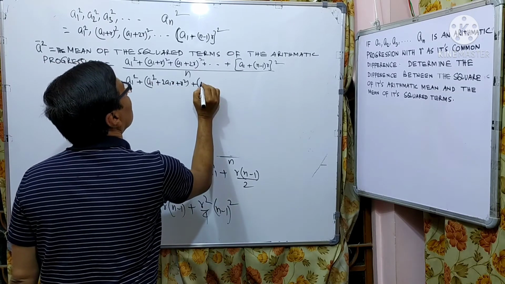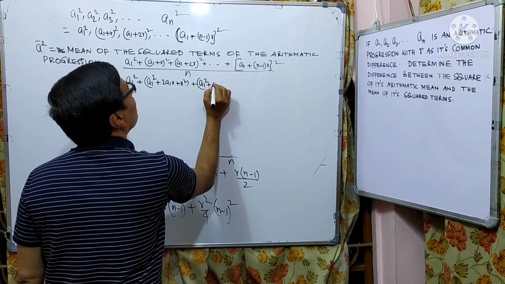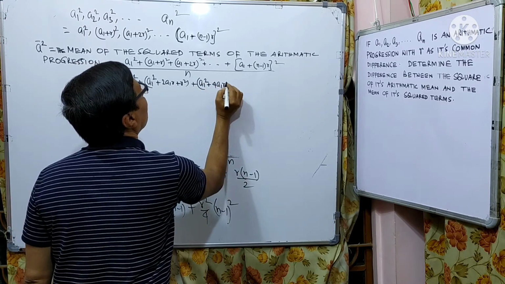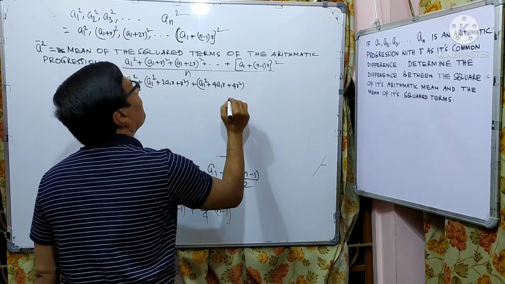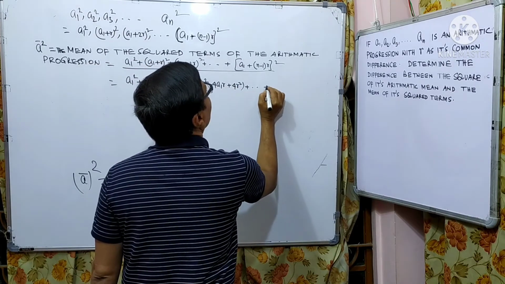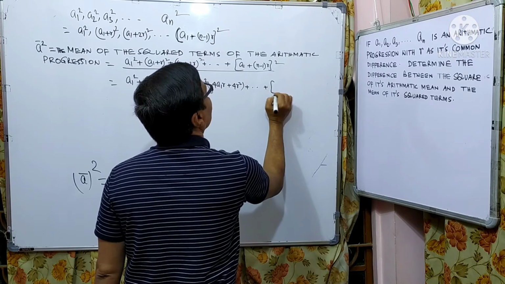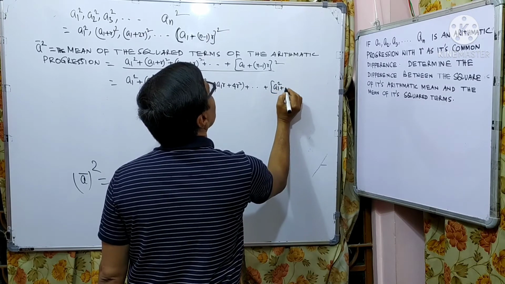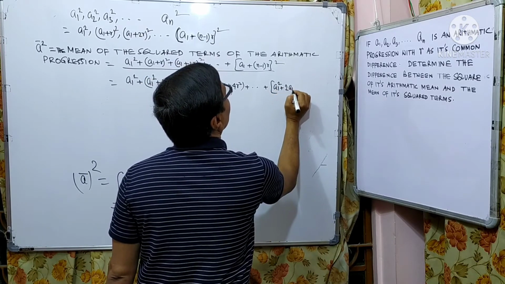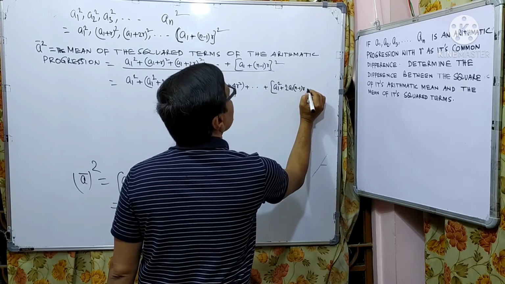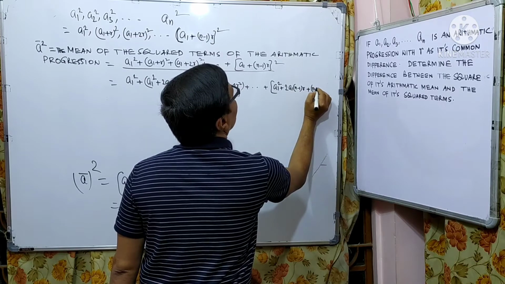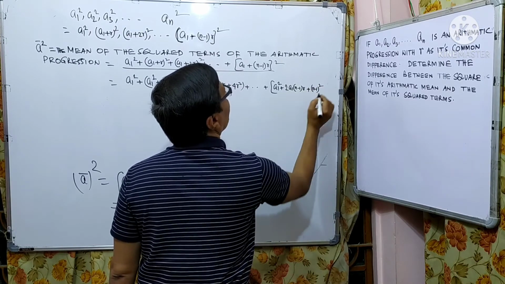Also this is equal to a1 square plus 4 a1 r plus 4 r square, and so on. Lastly, we get a1 square plus 2 a1 into n minus 1 into r plus n minus 1 square r square.